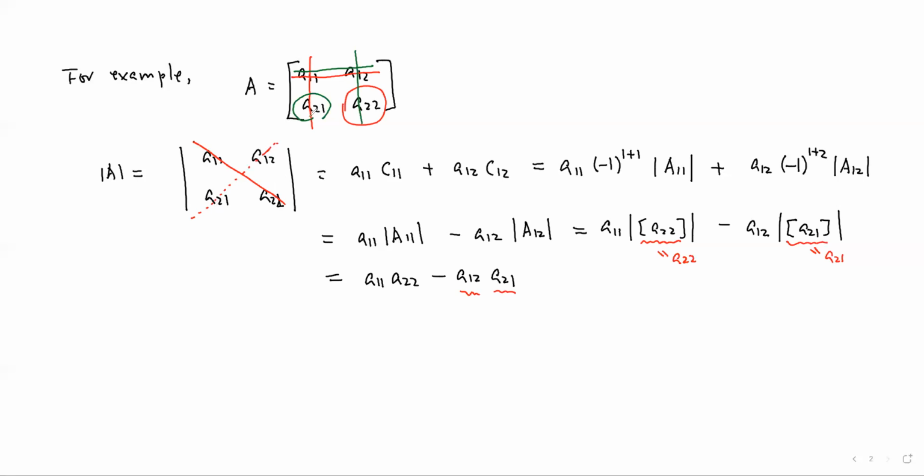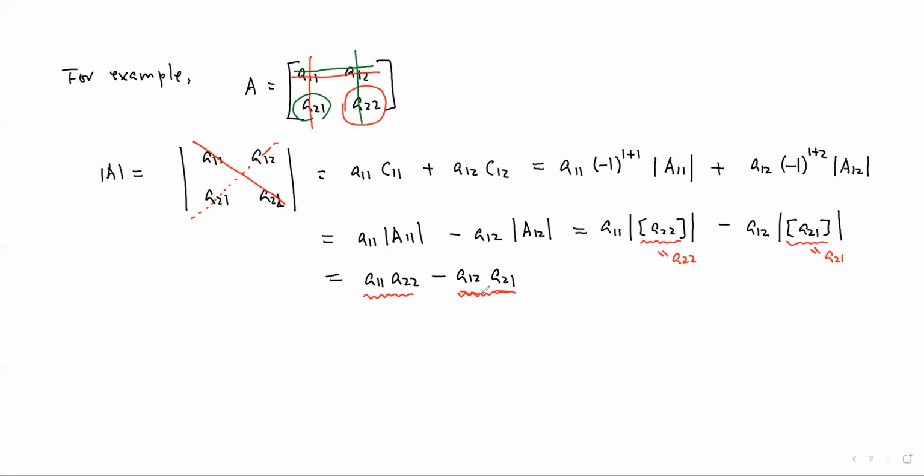So a 2 by 2 determinant is the product of the main diagonal entries minus the product of the anti-diagonal entries. This is the formula to compute a 2 by 2 determinant.